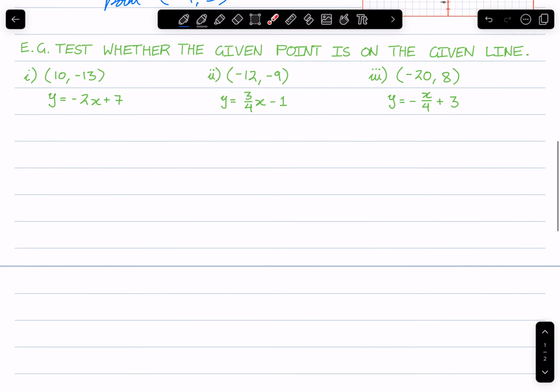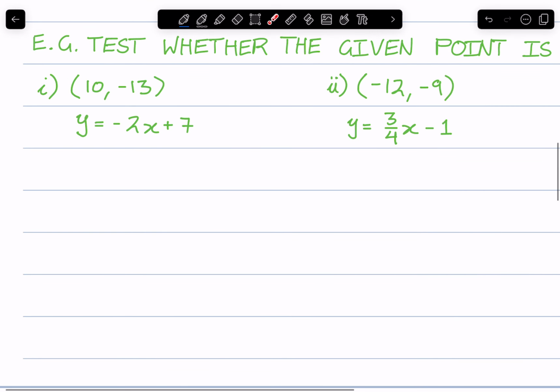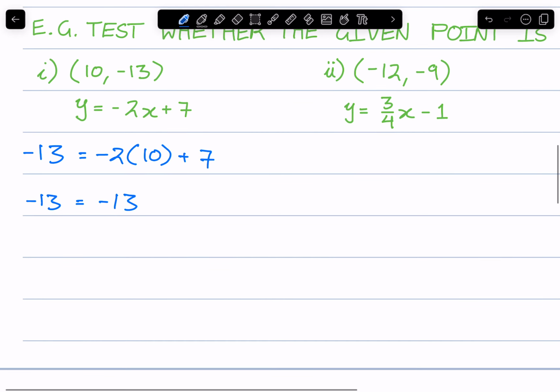All right, so let's now just finalize the final 3 examples. Here we go. Substituting both points, you get negative 13 equals negative 2 times 10 plus 7. Left hand side is still negative 13. Typing this into my calculator, I get negative 13.